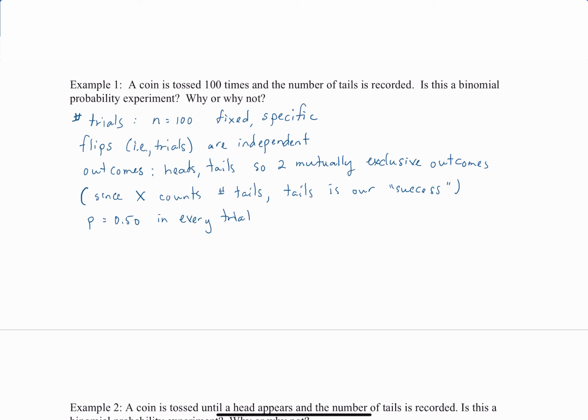So, since our probability experiment satisfies all four of the conditions, we can say that this is a binomial experiment. In the next video, we'll go through some more examples.